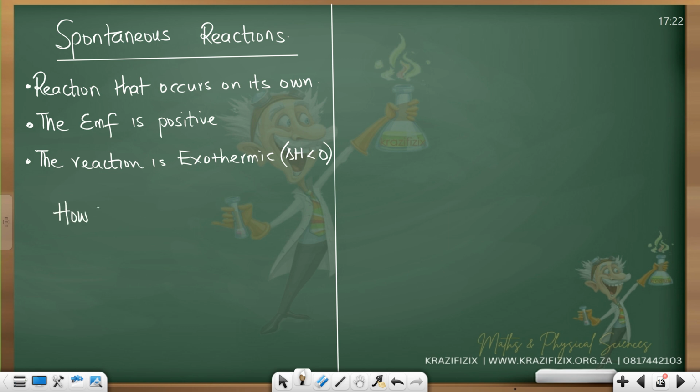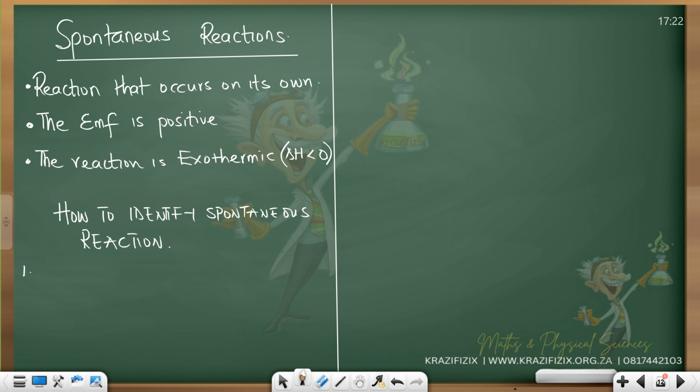How to identify spontaneous reactions. Hence, I'm quickly looking at applications. All right, let me first look at how to identify.